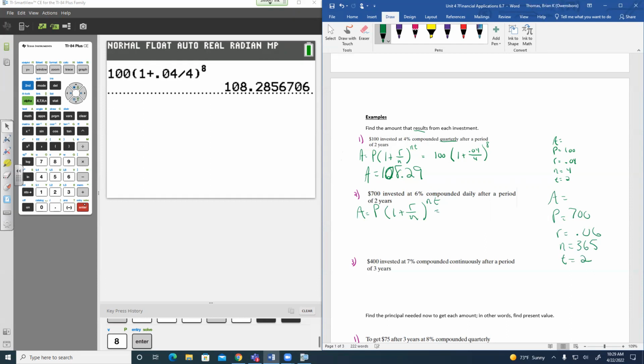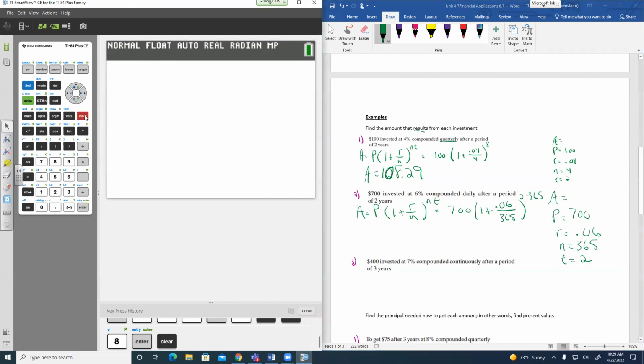If we insert that into our formula, we have 700 as our principal times 1 plus 0.06 divided by 365, raised to the 2 times 365. Let's see if we can make the calculator do that problem.